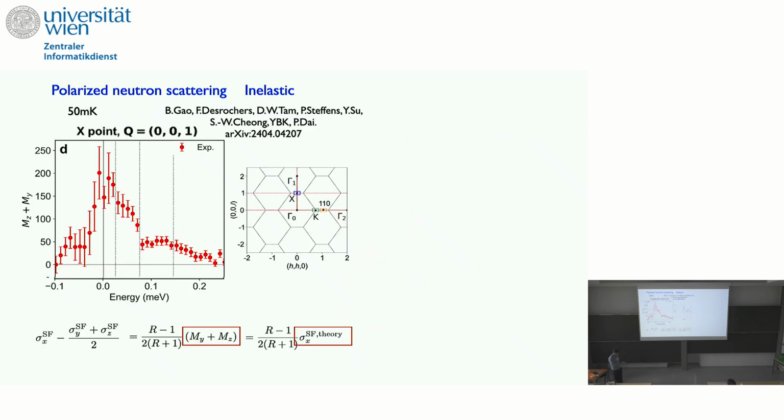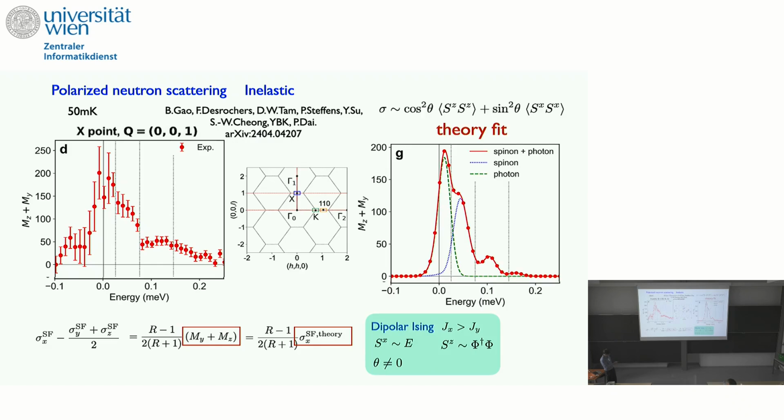interestingly, the very recent polarized neutron scattering experiment done by Pengcheng Dai's group at Rice showed that in addition to this three-peak structure that we predicted for the pi-flux state, they also saw quasi-elastic scattering that was not seen before in the other material.